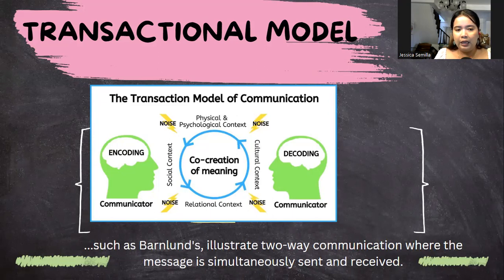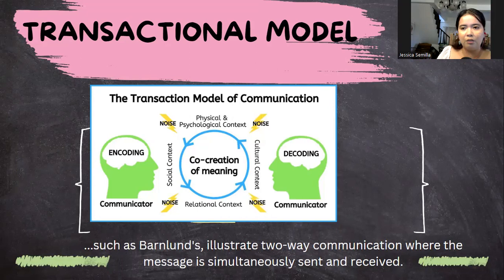So from the encoder or the communicator and then the decoder, there is a message, and then the decoder responds to the message of the communicator or the sender, and becomes the sender again, and then becomes the receiver, and then the story goes, communication goes, moving on, and from a short message it becomes a longer message, and different topics were discussed between the sender and the receiver, and the receiver becomes the sender.